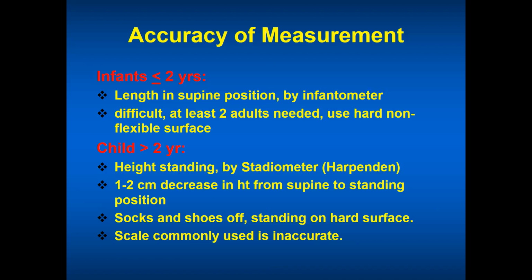Always remember that when a child, for instance 3 years old, is measured in both ways, supine and standing, there is a difference of 1 to 2 centimeters. There is a 1 to 2 centimeter decrease in height from the supine to the standing position, meaning that if you take his length, you will find it is more than the height taken standing by 1 to 2 centimeters.